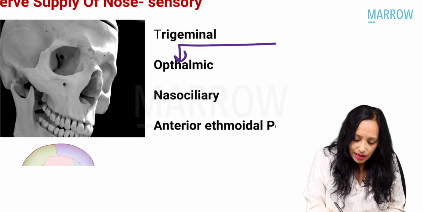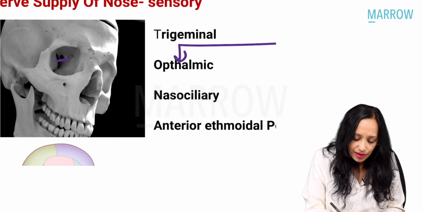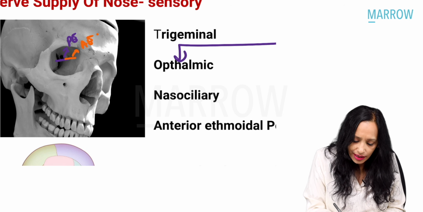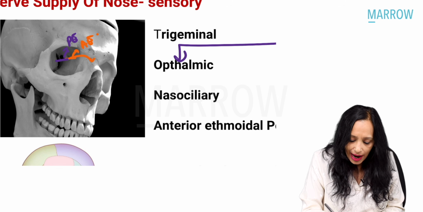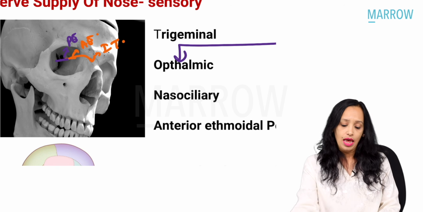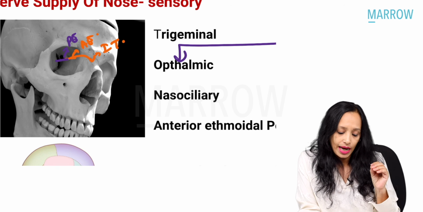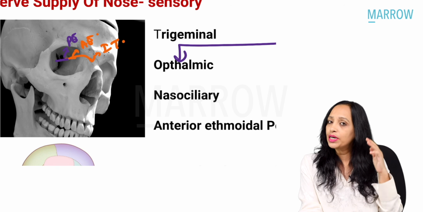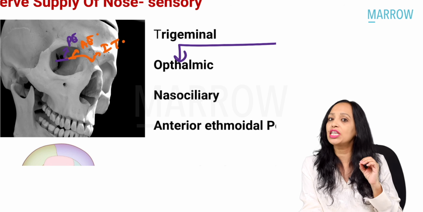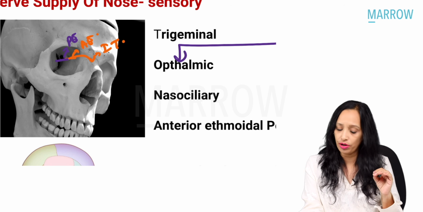Now the nasociliary will give the posterior ethmoidal branch and then the anterior ethmoidal, and then it will come onto the dorsum and it will enter as infratrochlear, right? Now this anterior and posterior ethmoidal will pierce the lamina papyracea through the same name foramen, anterior and posterior ethmoidal foramen.